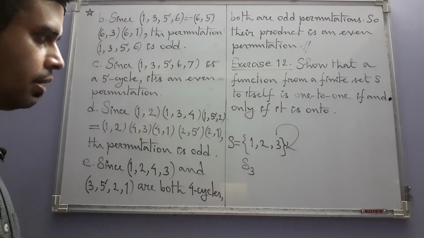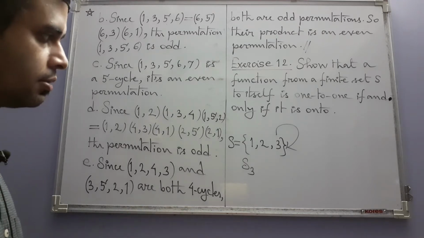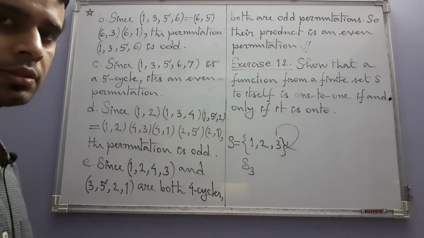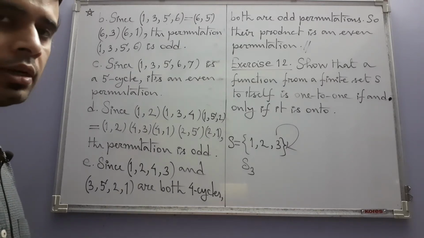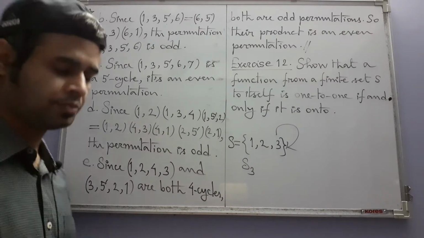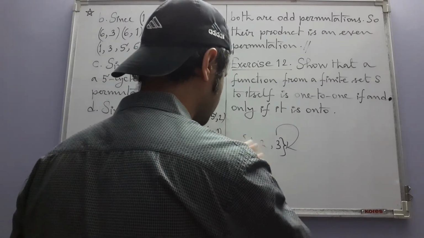So if someone wants to look at such functions, then it's just enough if one sees either one-to-oneness or onto-ness, because the other then automatically is also true for such a function. So this now we have to show.